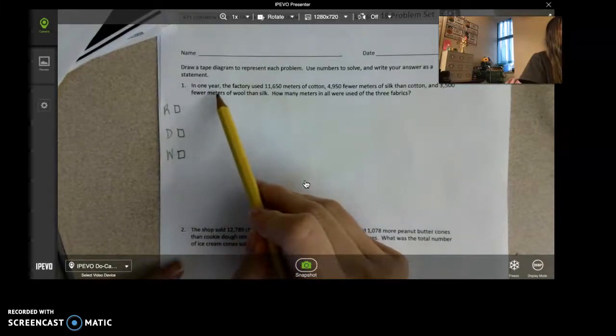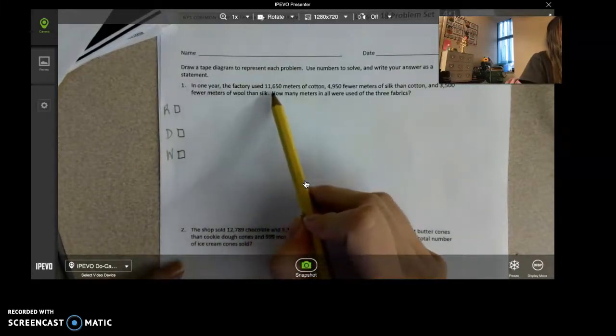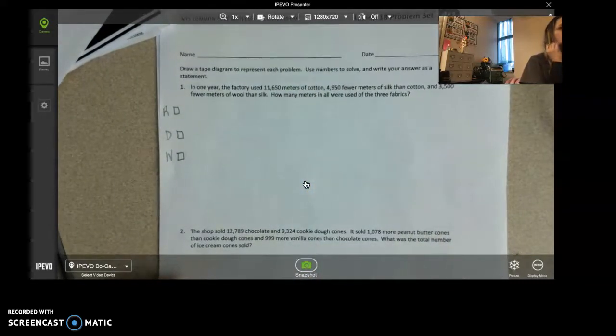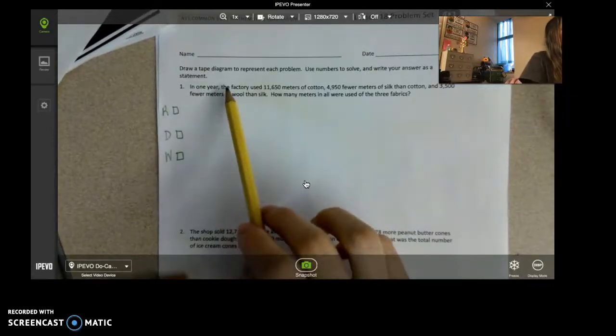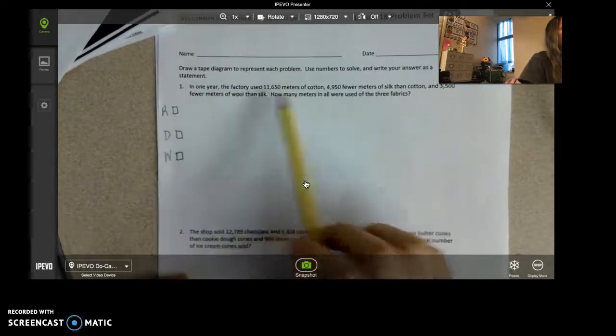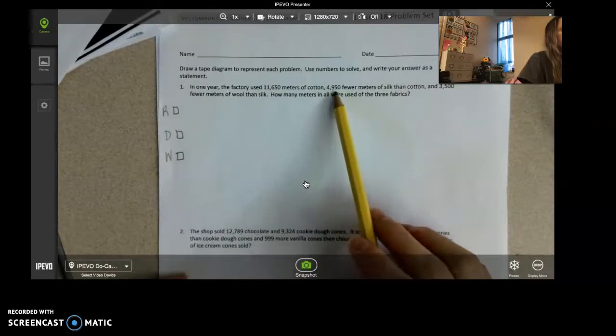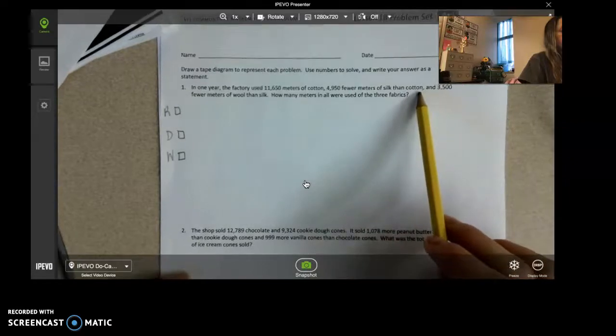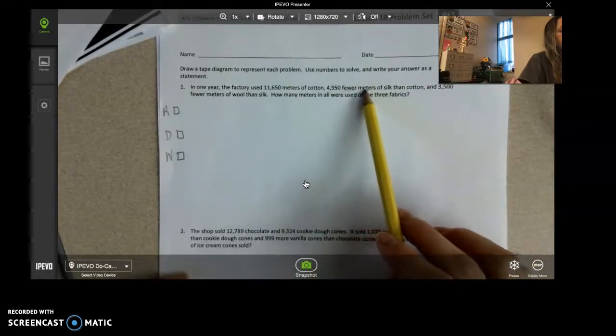In 1 year, the factory used 11,650 meters of cotton. Okay, so I can picture cotton maybe used for clothing or for blankets. I can picture 1 year and kind of a factory. 4,950 fewer meters of silk than cotton. Okay, so I know fewer means less.